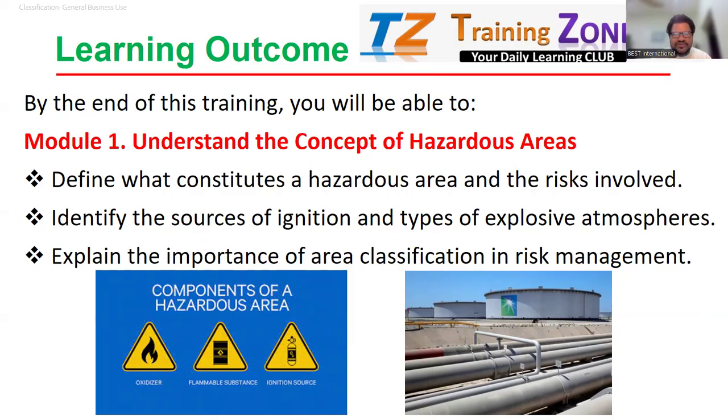That's all we're going to discuss in this vlog. And most importantly, identify the sources of ignition and the types of explosive atmospheres. We are also going to explain the importance of area classification and risk management.